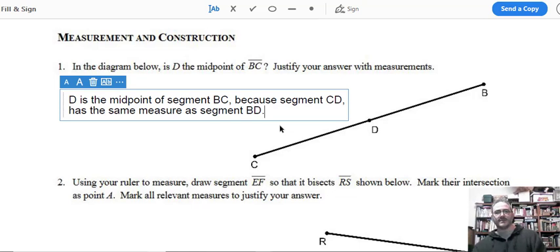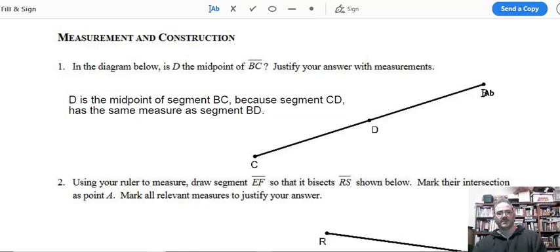D is the midpoint of BC because segment CD has the same measure as segment BD. Okay, we've justified our answer with measurements.